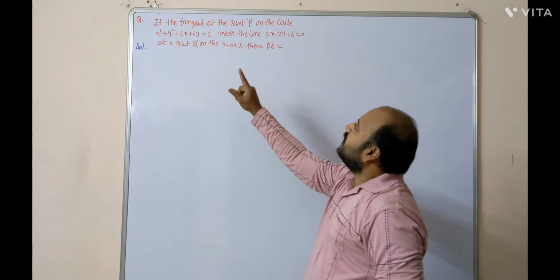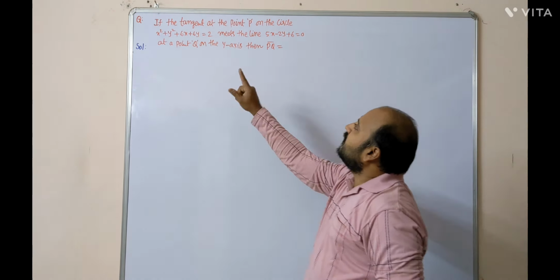If the tangent at the point P on the circle meets the line 5x minus 2y plus 6 equal to 0 at the point Q on the y-axis.